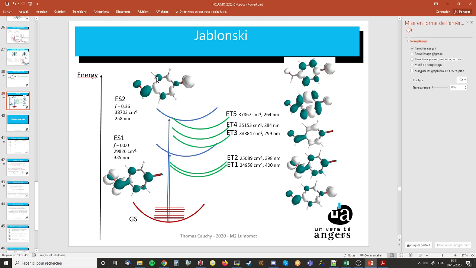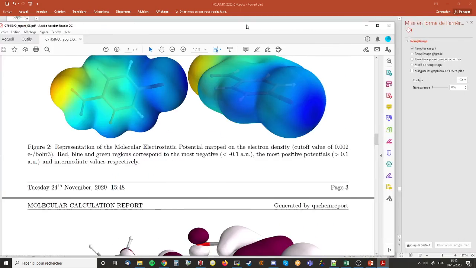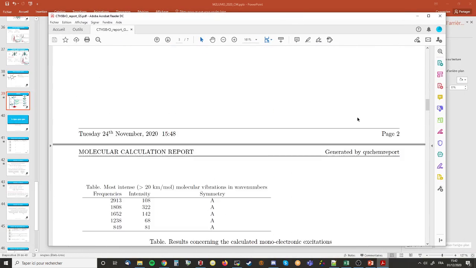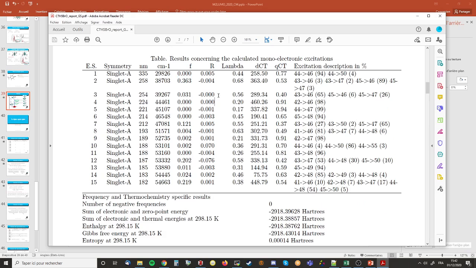Okay, and here the overlap will be better because everything is in pi symmetry. You see a reorganization in the pi star, in the pi conjugated electrons, so you have an overlap. And you can compare here in your table that here lambda is 0.44, so weaker, and here it's higher in lambda.